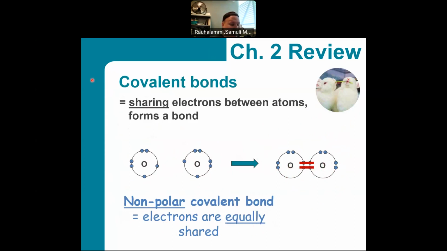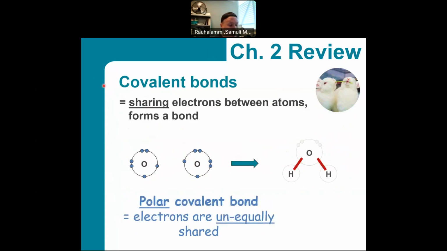Well, if you're following where I'm heading with this, we will have situations where this sharing of electrons is not always equal. So we don't always have a nonpolar covalent bond. Instead, we can also have polar covalent bonds. In polar covalent bonds, there is an unfair time, if you wish, or unequal time that these electron pairs, shared electrons, spend with different atoms.